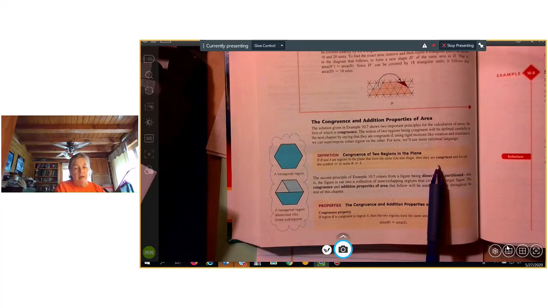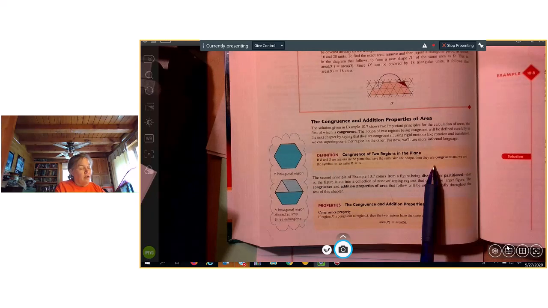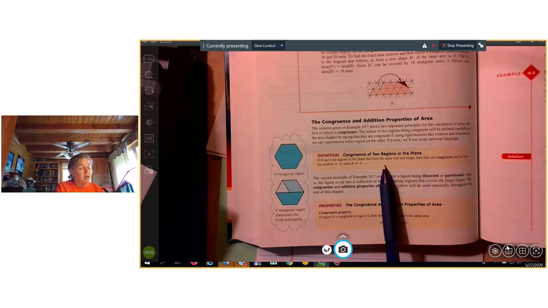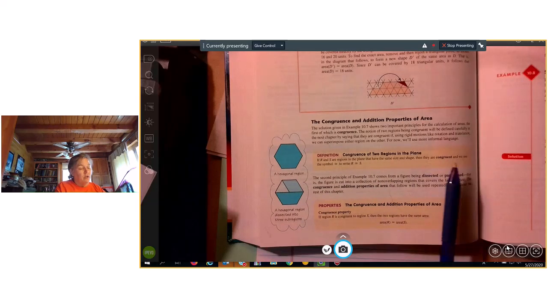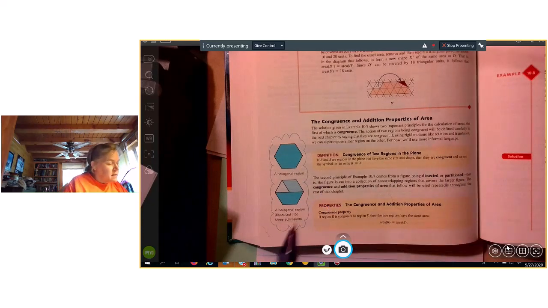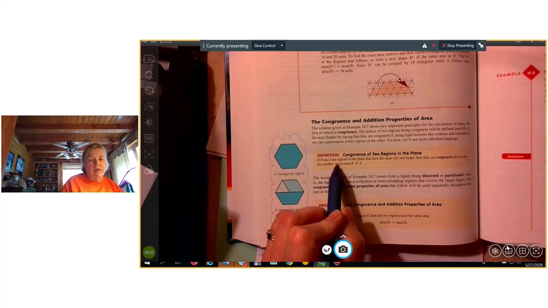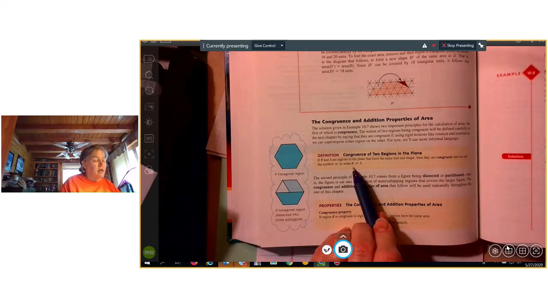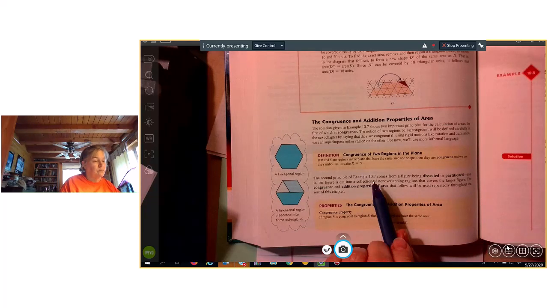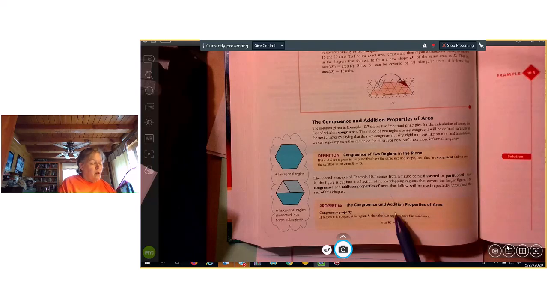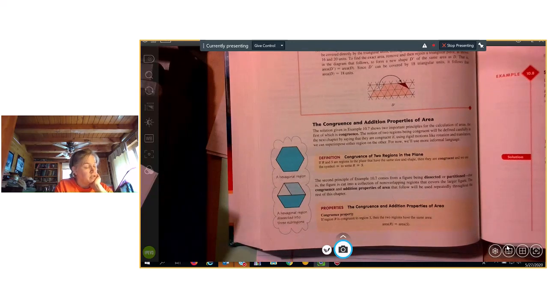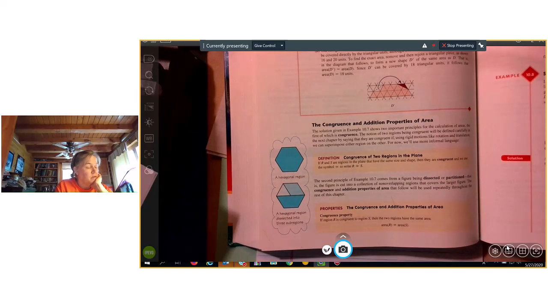Congruence of 2 regions in a plane. You just showed this: if R and S are regions in a plane that have the same size and shape, then they are congruent, and we use this equal sign with a little squiggly line on top to write that R is congruent to S. The second one says that if region R is congruent to region S, then the area of R is equal to the area of S, which makes sense.